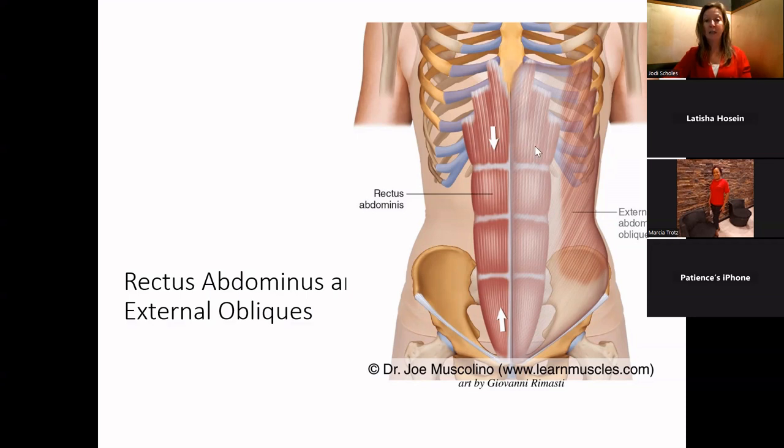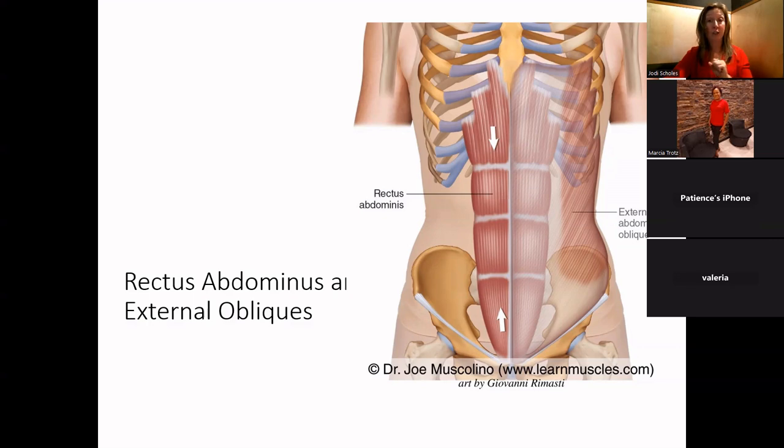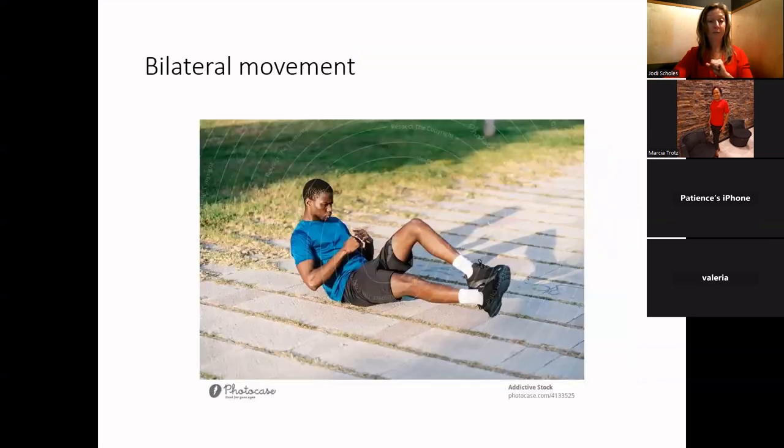So rectus abdominis, be careful. Are you being asked about rectus abdominis or rectus femoris? Two very different parts of the body. And since we're talking about the rectus abdominis, it has bilateral movement when we do a crunch.